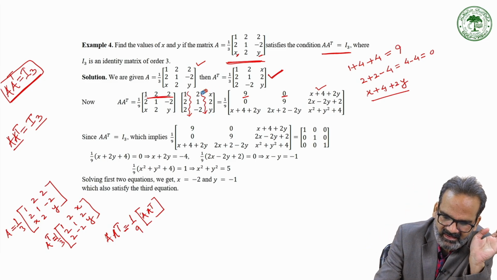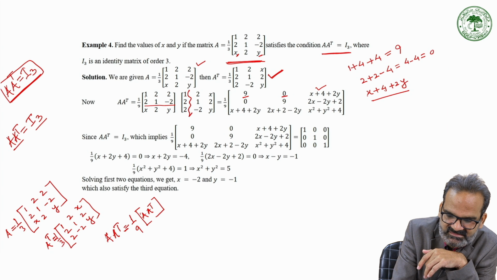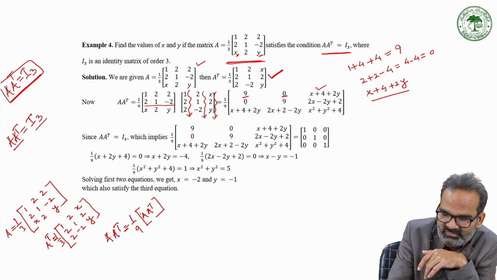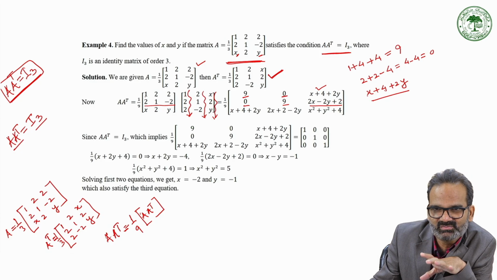Similarly, take the second row of the first matrix, multiply with the first column, then the second column, and then the third column. You will get 0, 9 and, in the second row, twice x minus 2y plus 2. Clear?